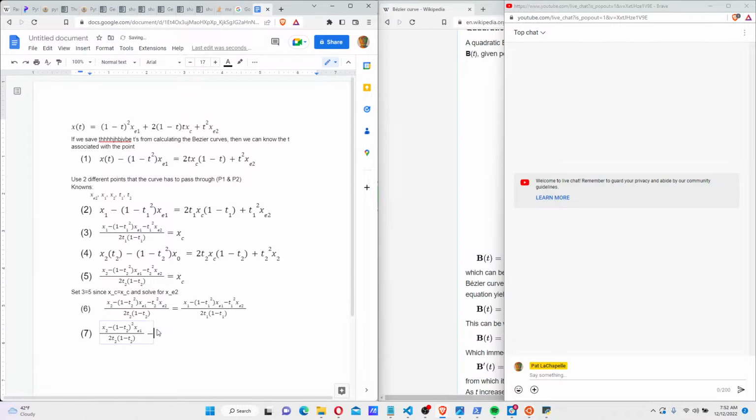And then minus this term: x sub 1 minus, inside here, 1 minus t sub 1, t sub 1 squared. Those are two different things. Okay, so x sub 1 minus t sub 1 squared, t sub 2 squared.